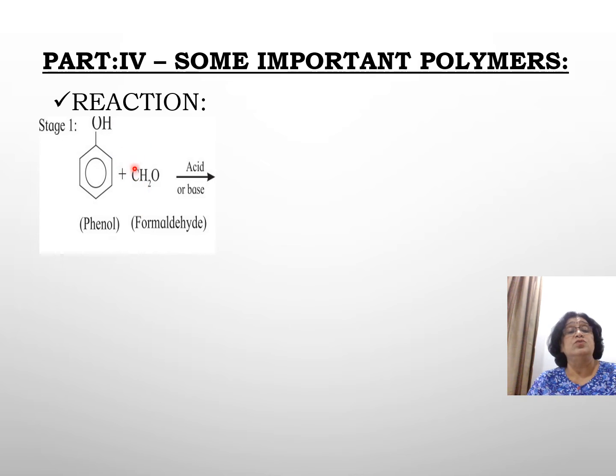So CH2O is formed and O carries a negative charge, because C double bond O is a carbonyl group. Carbon is electropositive, O is electronegative. It attracts the electrons towards itself. So the CH2O gets attached here and the H, which was already present on this ortho position, gets added on O. So CH2OH gets added on the ortho position.